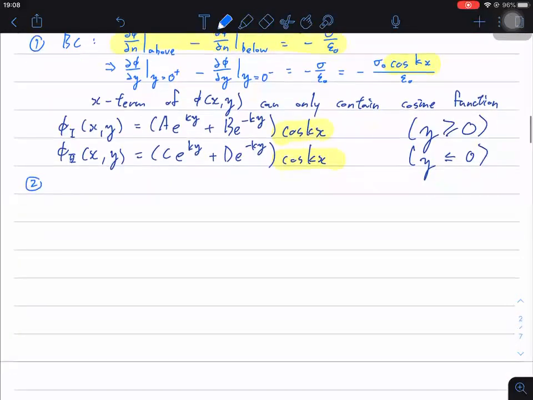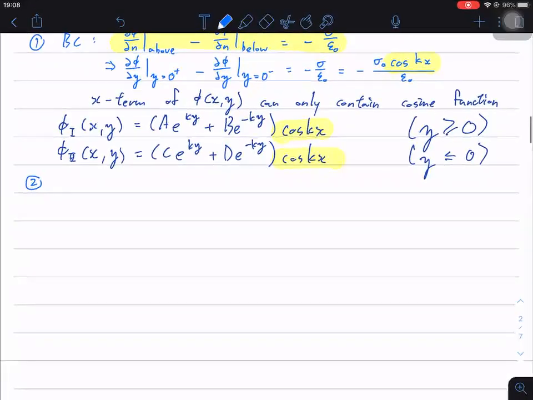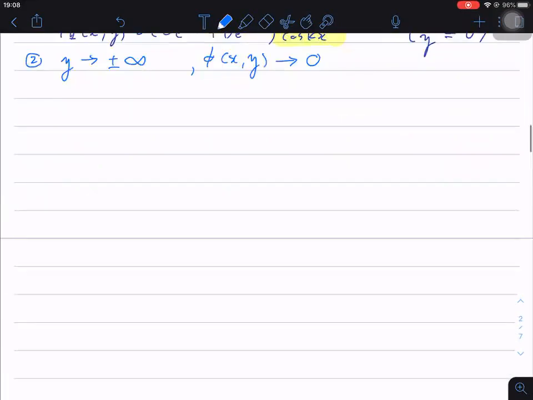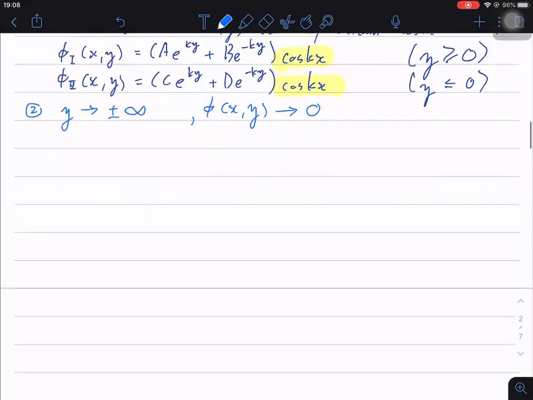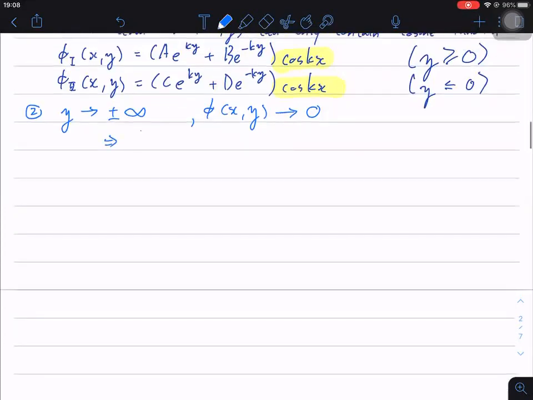So the second condition you can use is that for y going to plus or minus infinity, so for the potential very far away, the potential does not diverge, so the potential goes to 0. And in that case, you can drop the coefficients A and D. Because for y greater than 0, exponential ky will diverge.